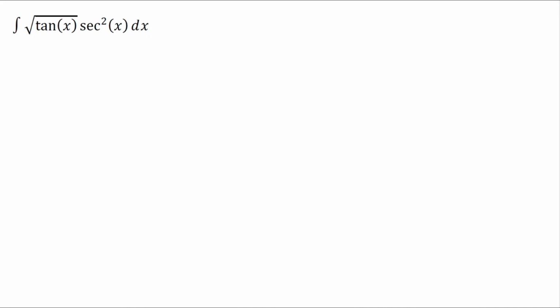For our next one here, we've got a square root of tangent x times a secant squared of x. And so we'd want to note that the derivative of tangent is secant squared. So if I let u equal tangent x, then I've already got the du built in, right? Du will just be secant squared x dx.